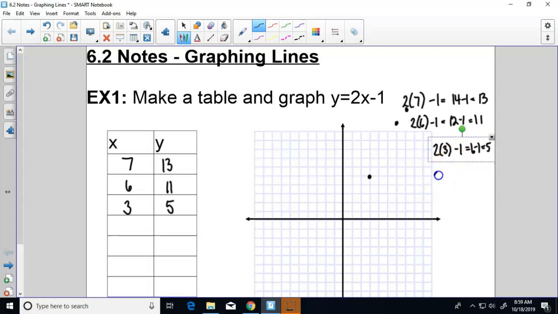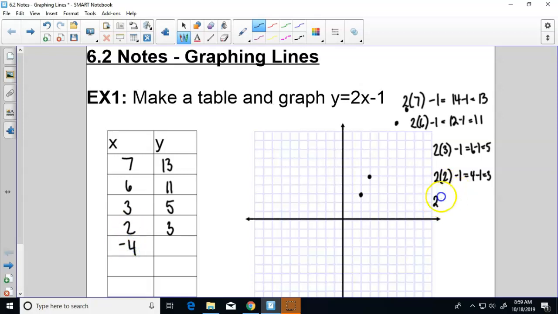All right, 2. 2 times 2 minus 1. Let's see. And so that'll give me 4 minus 1, which will be 3. So 2, 3. Okay? Abby, give me a number. Let's do a negative this time. Negative 4.